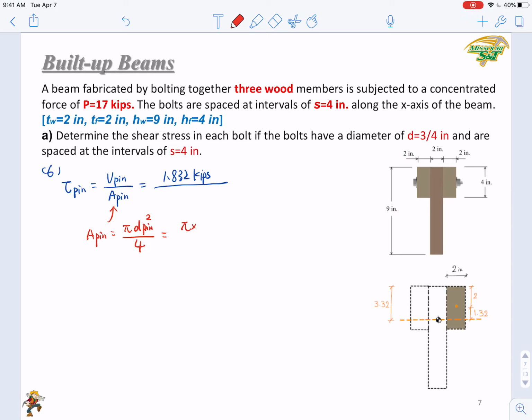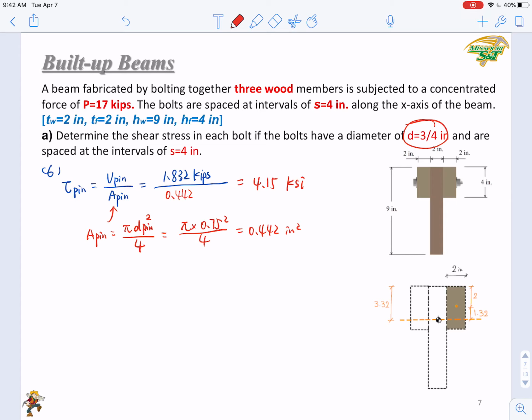This is pi times 0.75 squared over 4. You will get 0.442 square inch. So the shear stress can be calculated as 4.15 ksi. Okay, so this is the result of part A.